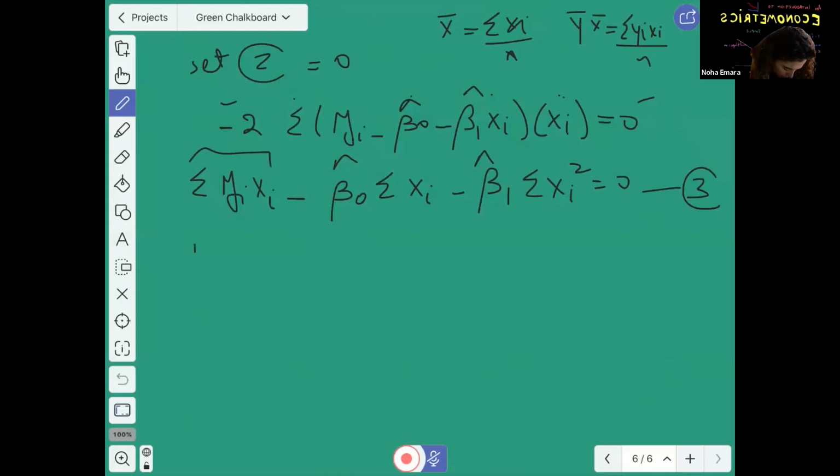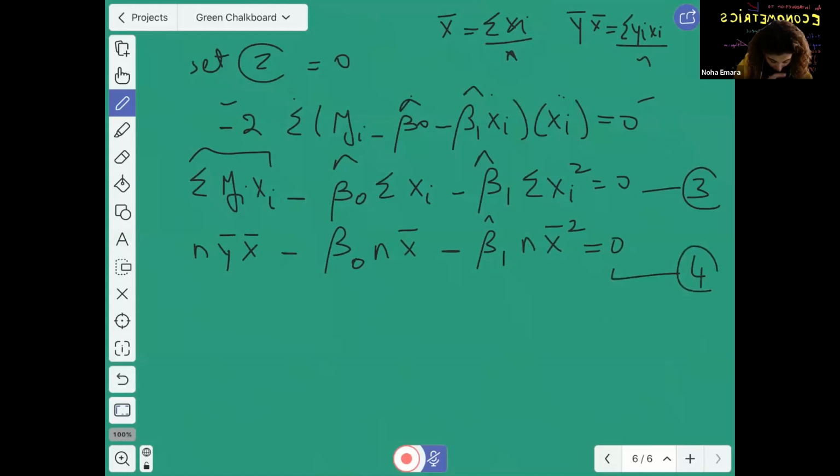I can say this one is equal to n y bar x bar, and beta naught n x bar minus beta hat 1 n x bar squared equal to 0, and this is going to be our equation number 4. Now what we're going to do is subtract 4 from 3, just to try to simplify our model, okay?